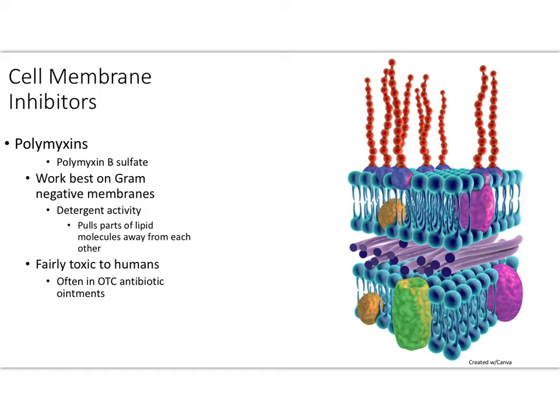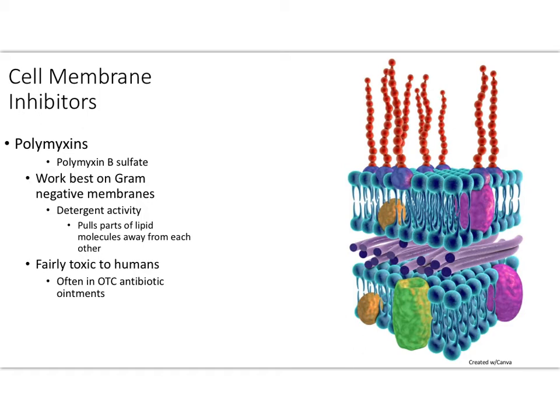And really what they do is they attach to this outer lipid membrane on the gram-negative organism, and they grab onto it and start to pull it apart. What this ends up doing is damaging the whole structure of the cell.